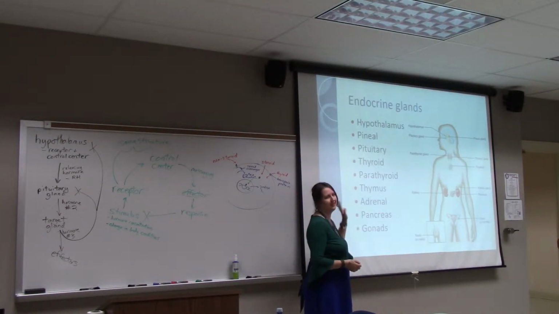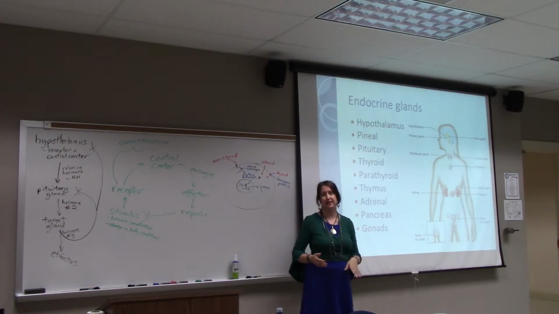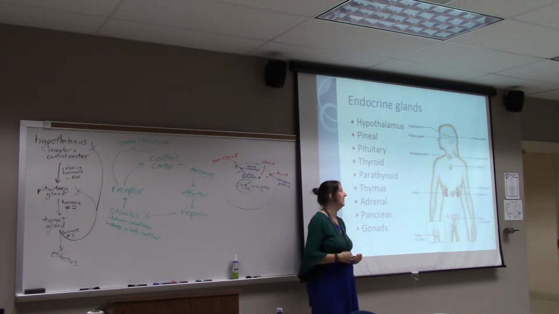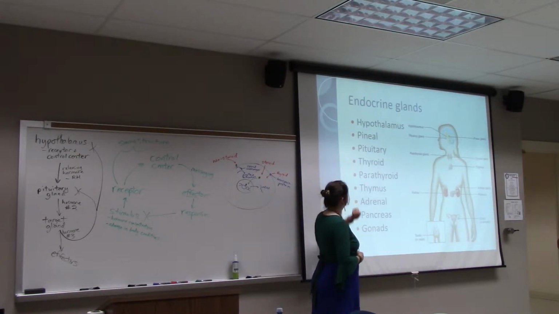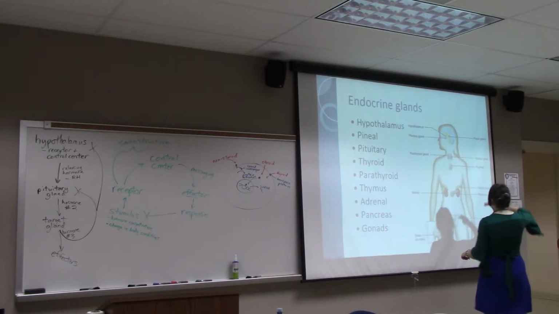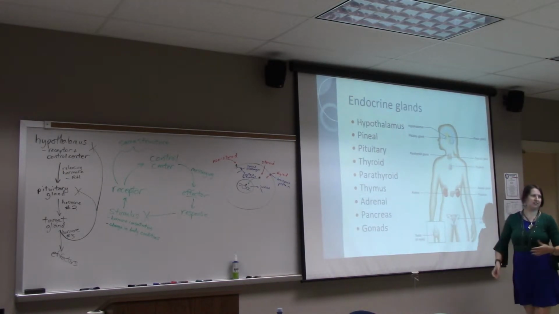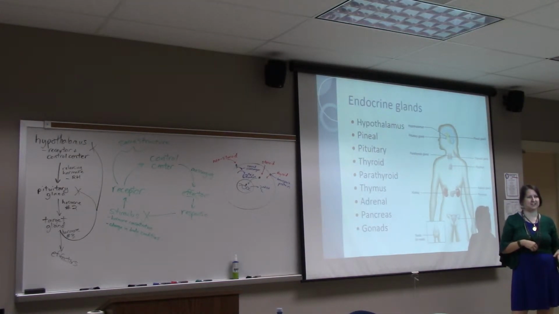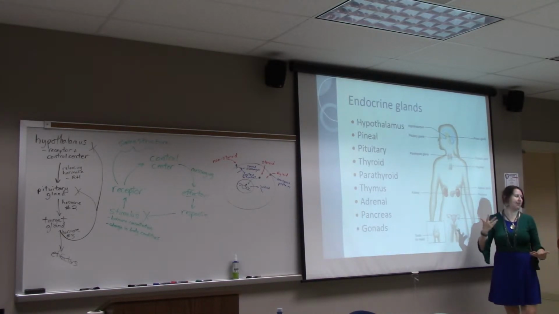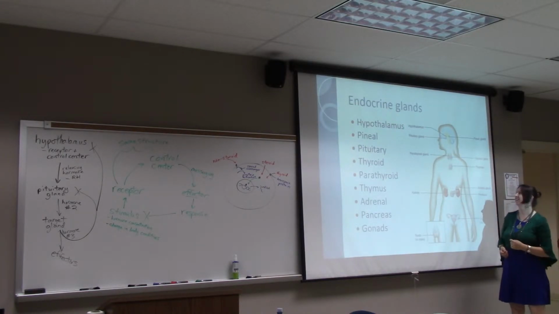Often the hypothalamus is left off this list and just considered part of the nervous system, but as we saw, it does secrete hormones. The pituitary and pineal glands are also in the brain, but they don't generally do much neural processing. What they do is tied to whether they secrete their hormone or not.